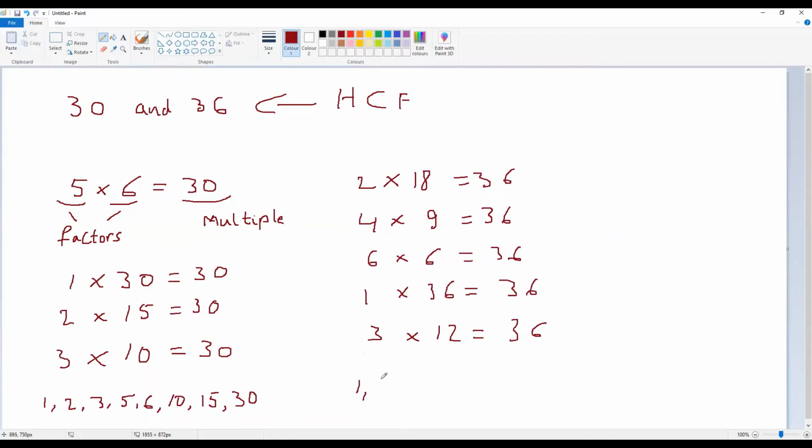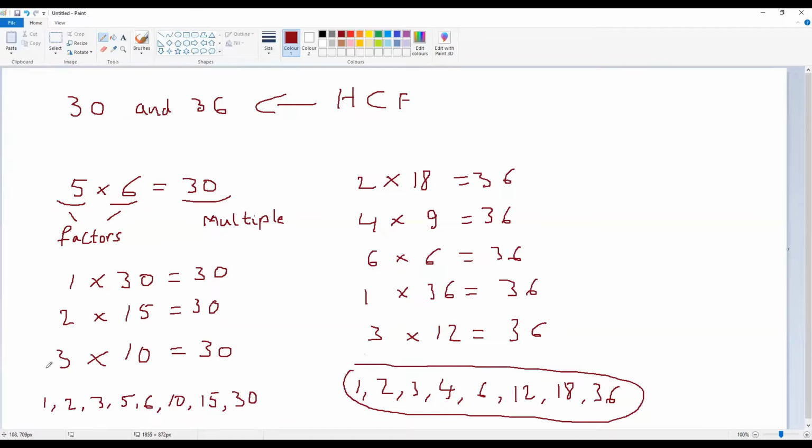We've got 1, 2, 3, 4, 6, and of course 12. And we've got 18 as well. And we've got 36. So these are all the factors of 36 right here. Right? And these are all the factors of 30.